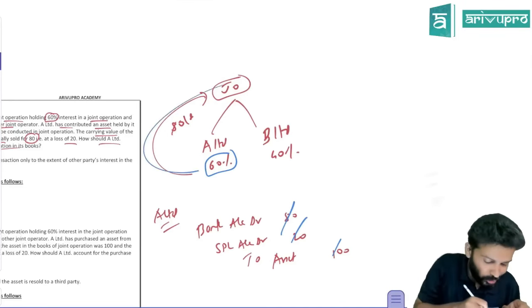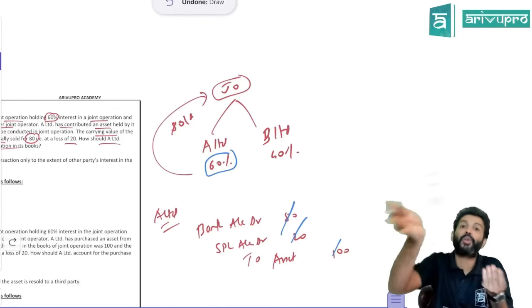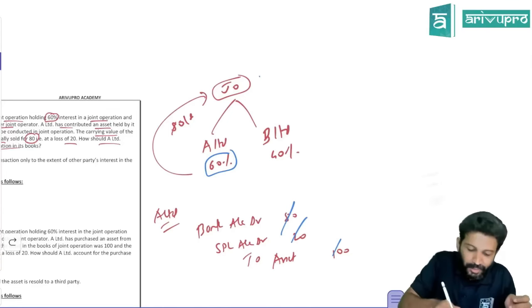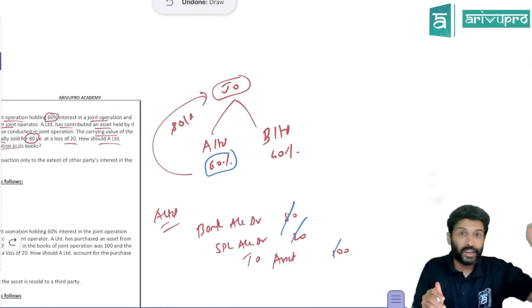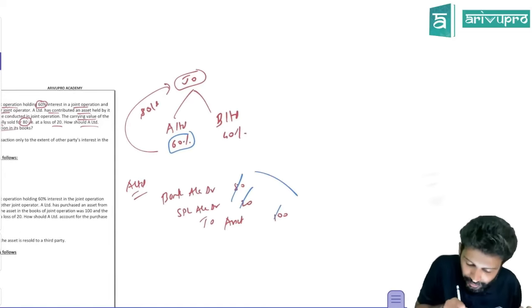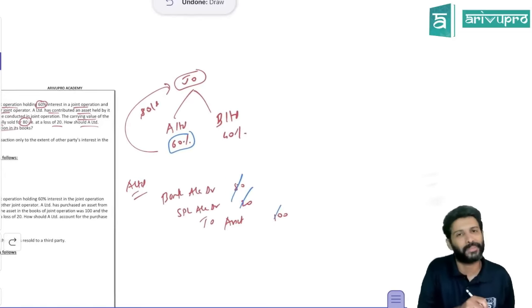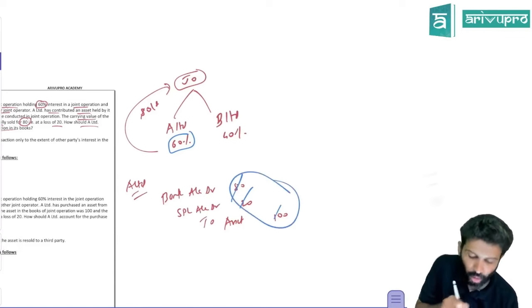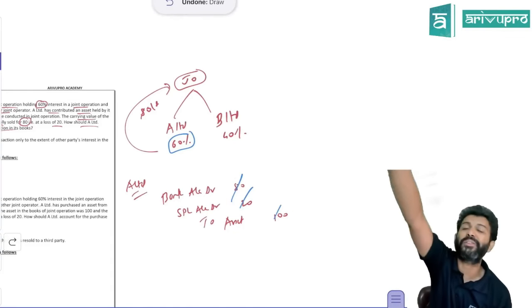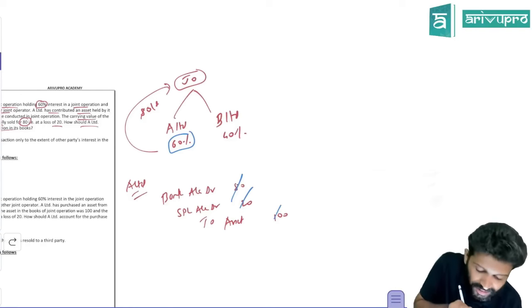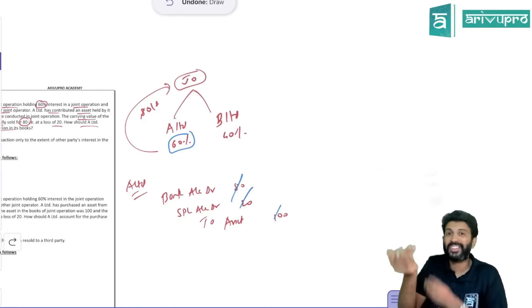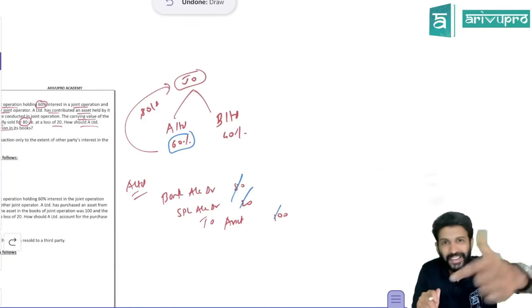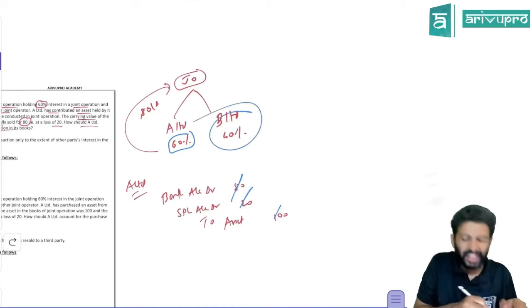Now you sold it to the joint operation, and if you own 60% of it, 60% of the asset belongs to you only. So you cannot record this at 100%, right? Earlier you had 100% control over the asset. Now you gave this asset to the joint operation, so only 60% of the asset belongs to you now. In fact, in reality, you have sold only 40%.